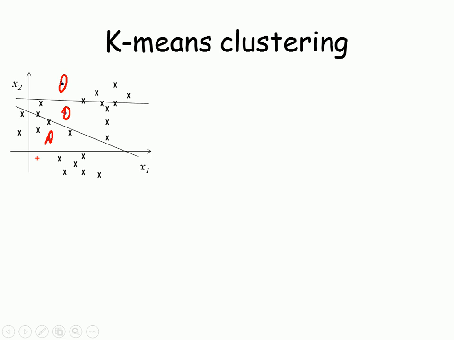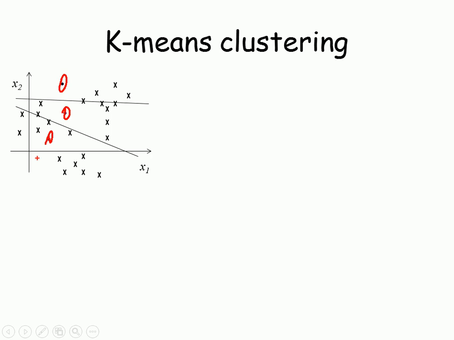In this example, I'm creating 3 clusters from this set of data points. Once I've picked random cluster centers, I can look at all the points and see how they are related to these cluster points. And each center will claim some of these data points.